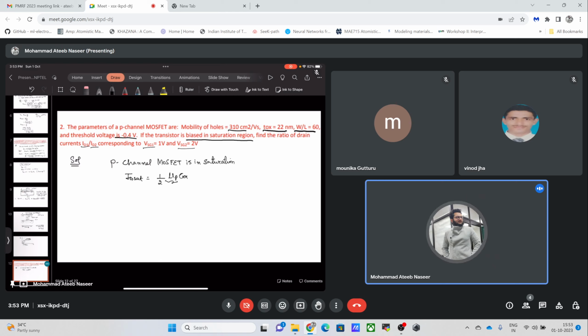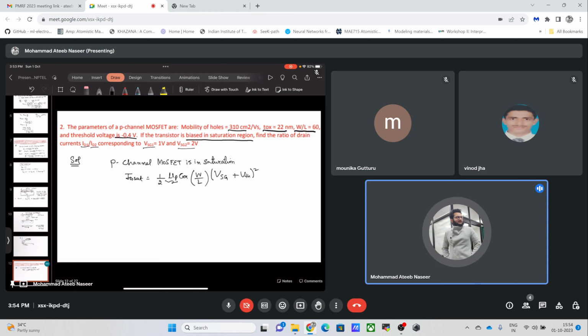Then VSG, remember the VGS has changed to VSG, plus VTH, whole square. Okay, this is the saturation current.